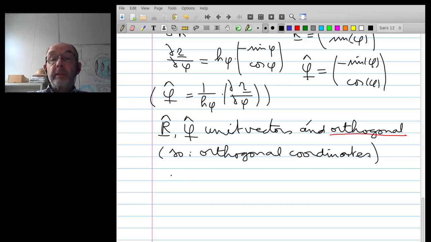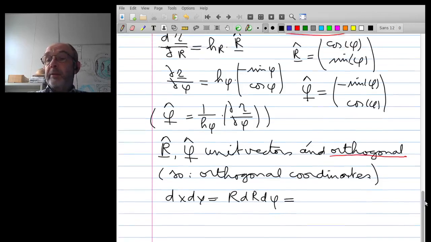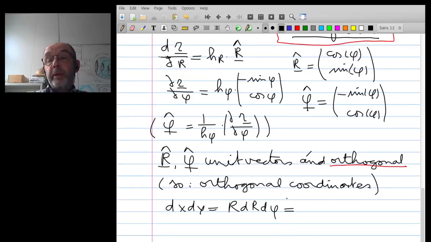Maybe we have that formula dx dy is r dr d phi, and maybe we see here something in it. We see that r is the scale factor, so you can also write it as the scale factor of r times the scale factor of phi, and then dr d phi.